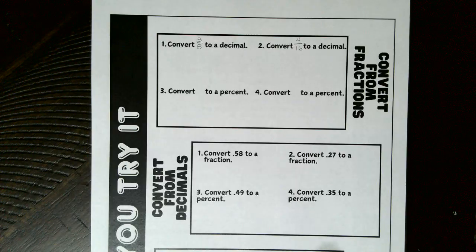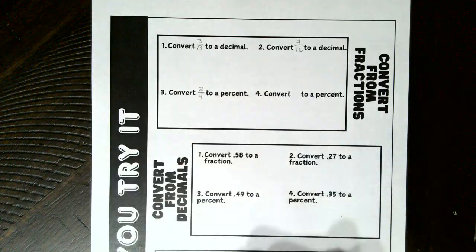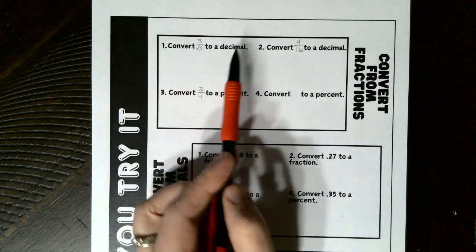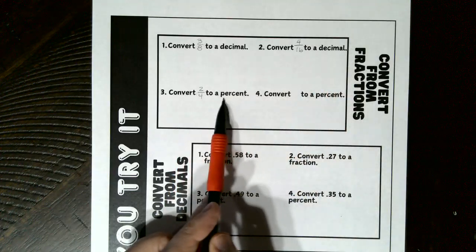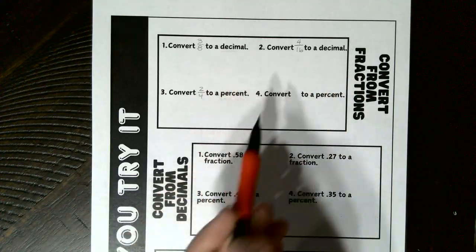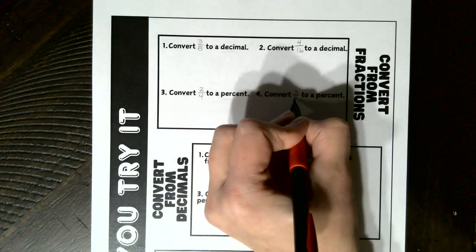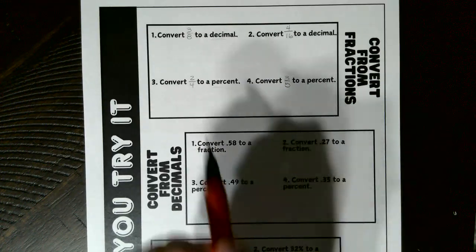For number 3, I want you to convert 2/4 to a percent. So these ones are convert to a decimal, convert to a decimal, convert to a percent. So make sure you're paying attention to your wording here. And then number 4, convert 3/5 to a percent.